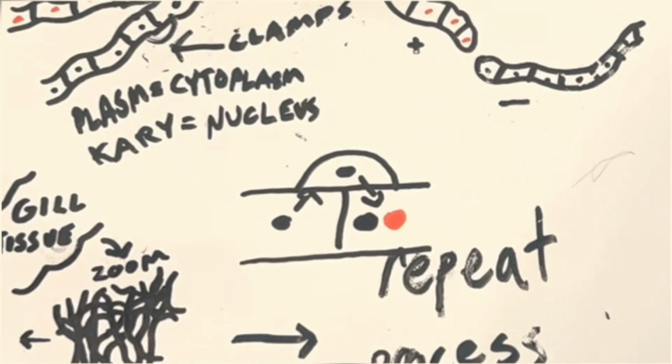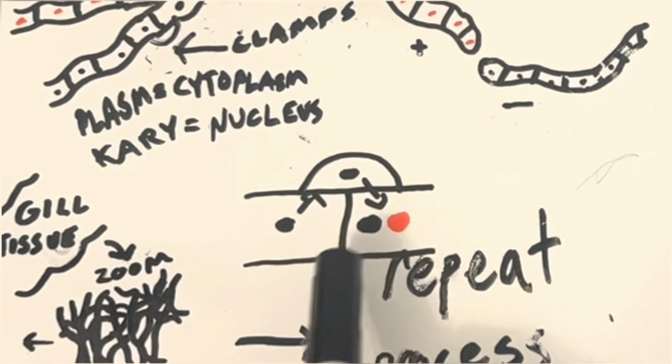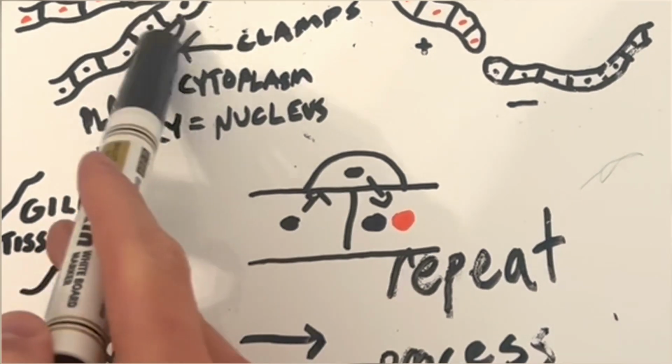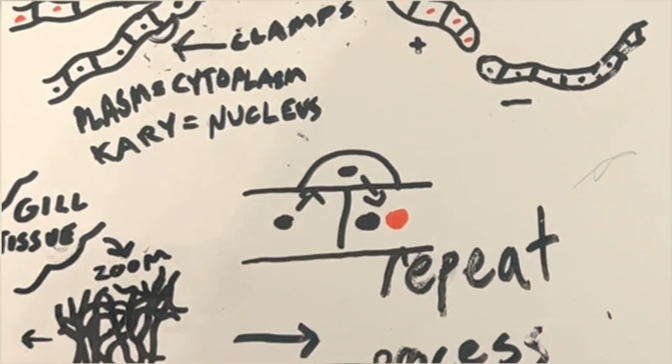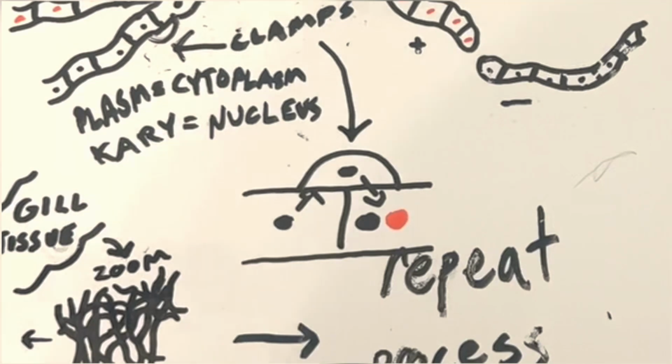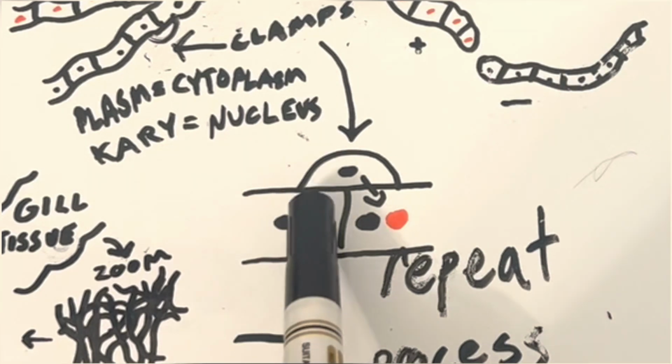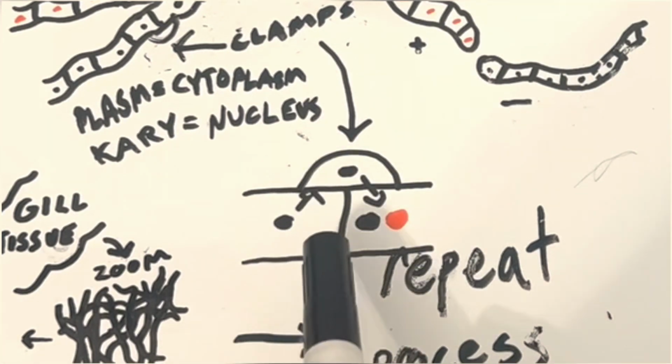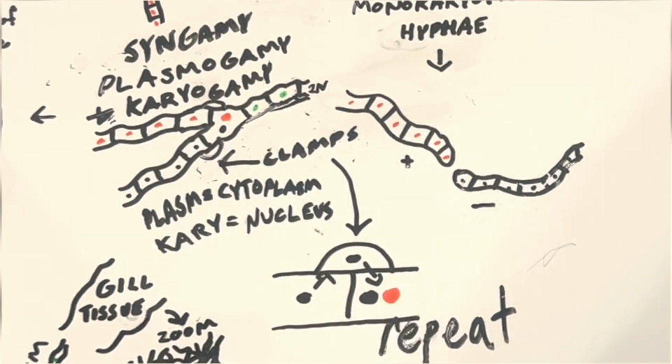Right, so that's part of the whole process. Here is a zoom in of these hyphae with the clamps, and these are what's referred to as clamps. So when people say they're looking for clamps under a microscope, that means they're looking for these little bumps on the side of the hyphae that indicate that syngamy has taken place.